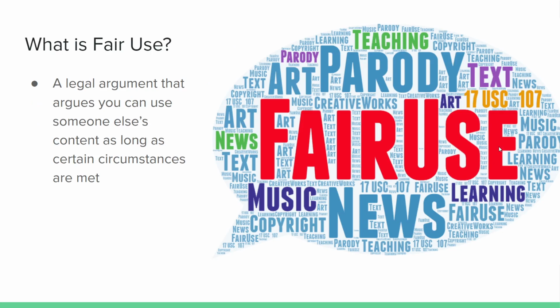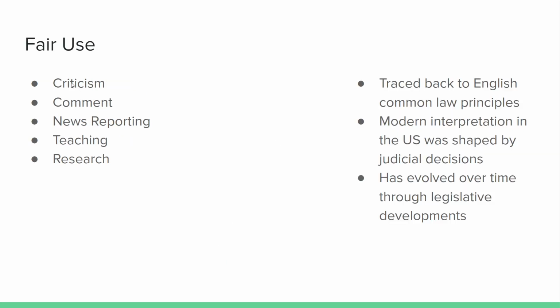It's a legal argument that says you can use someone else's content as long as certain circumstances are met. These are like criticism, comment, news reporting, teaching. You can use someone else's content for research and all those other things. And it can be traced back to English common law principles.